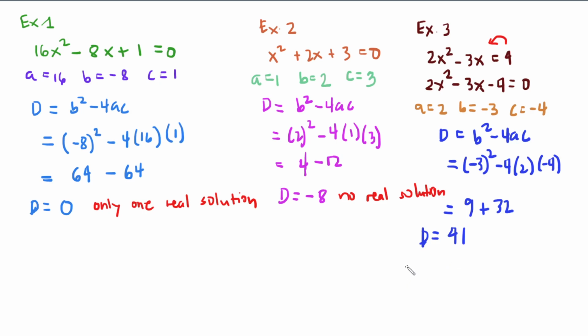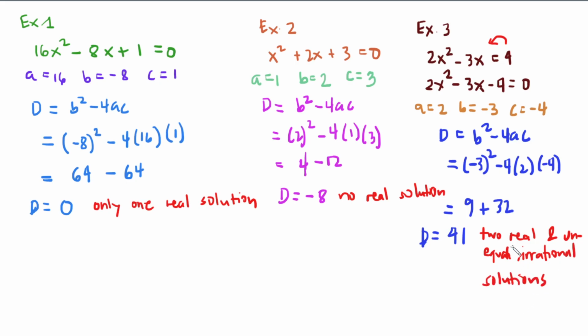So what can we say about the discriminant? Since our D is greater than 0 but not a perfect square, 41 is not a perfect square, therefore we have two real, unequal, irrational solutions.